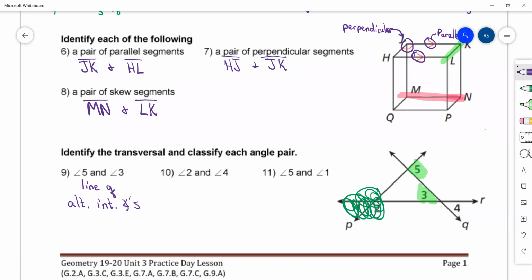Okay, number 10. They ask about angles 2 and 4. So you erase our markings over here. 2 and 4. Which means we don't even deal with this intersection up here, so cover it up for a second. Now, which line cuts through the other two?